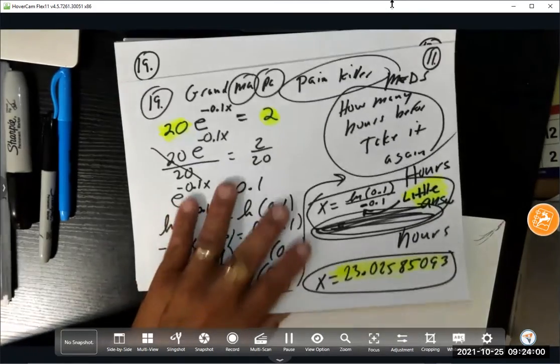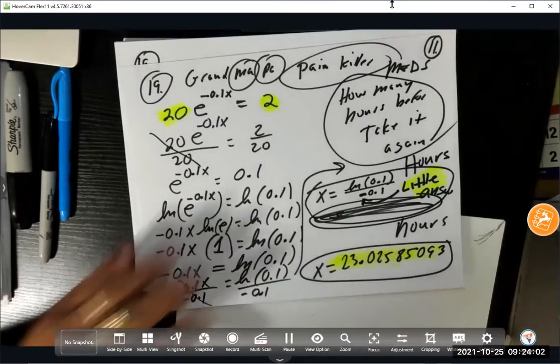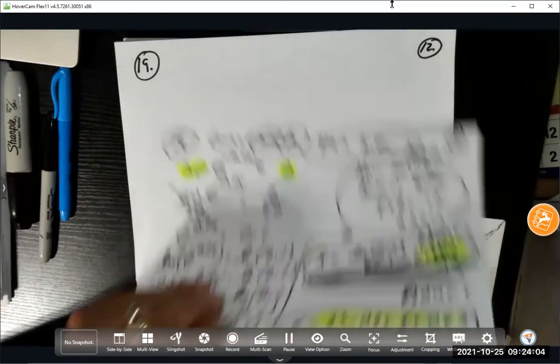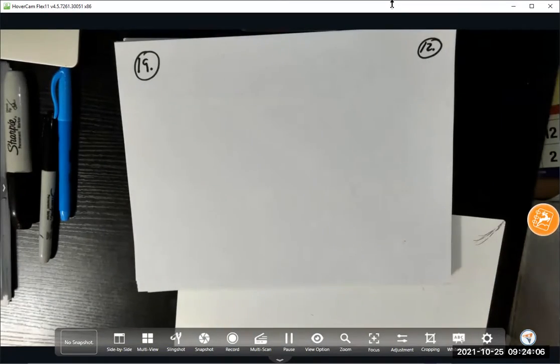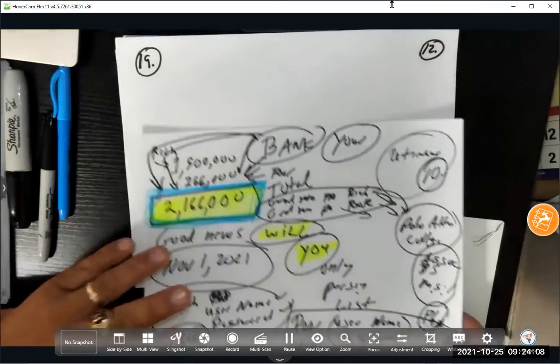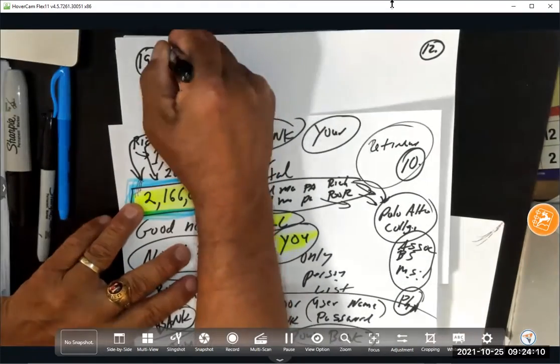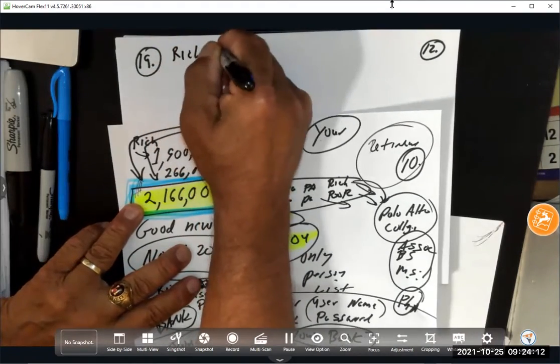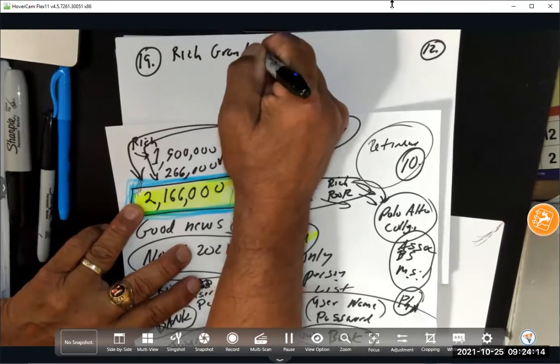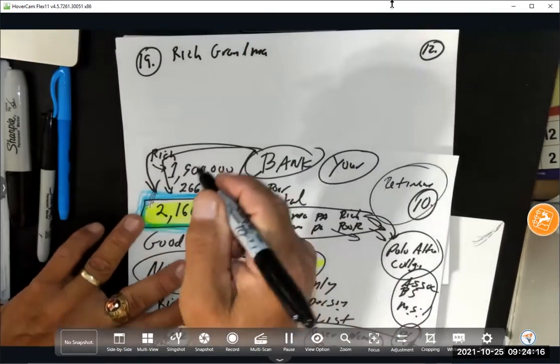So this is a medication because they're sick and this helps them. All right, remember that one. Now this one. I'm gonna go back to this one. Remember this, the rich grandma? She made, how much did they buy?